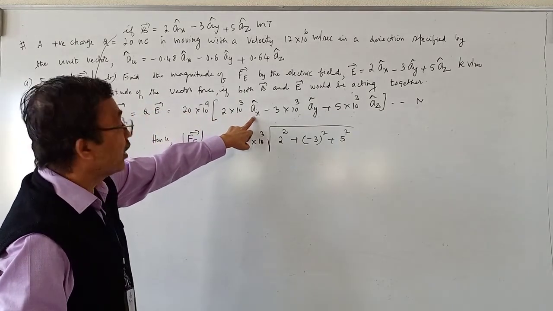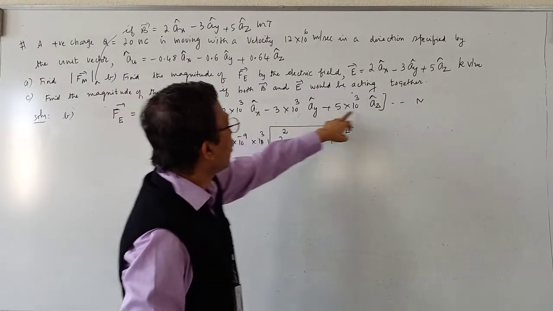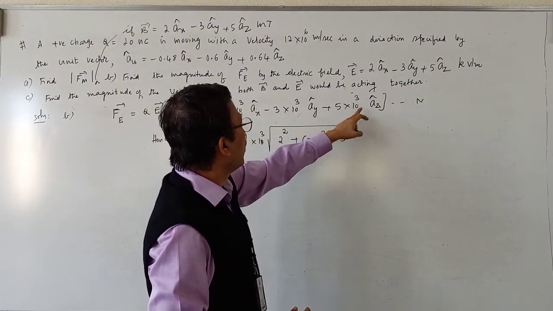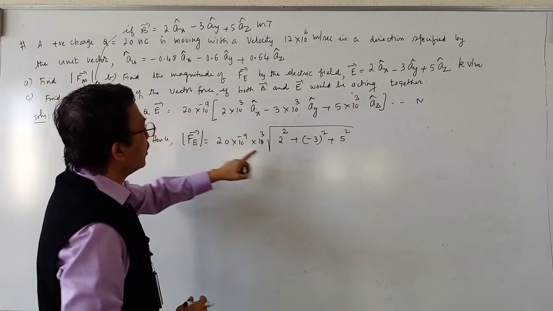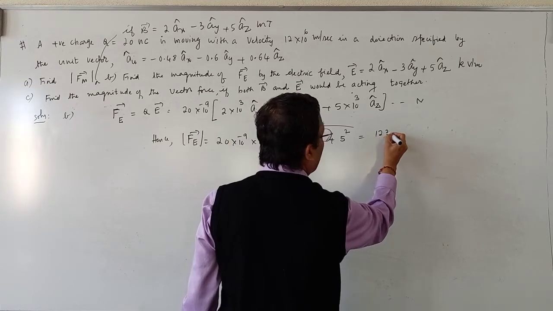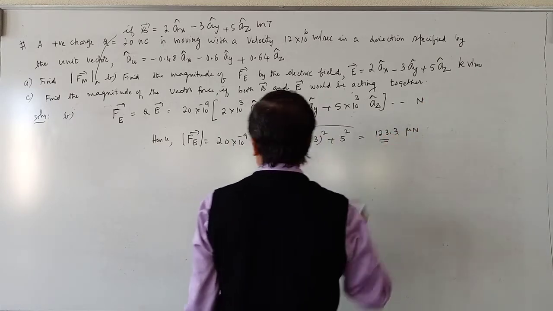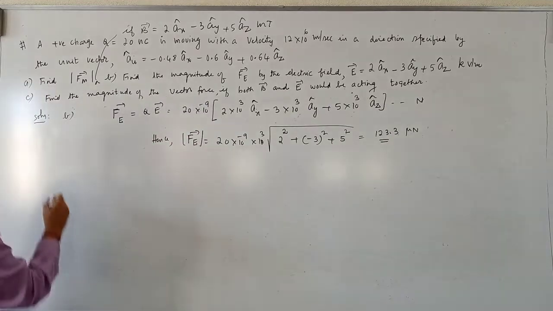Coefficient of Ax cap in that case will be 2. Coefficient of Ay cap will be minus 3. Coefficient of Az cap will be 5. Once 10 to the power 3 is taken out. So this is the magnitude. It works out to be 123.3 micronewtons. Then I'll proceed to part C.